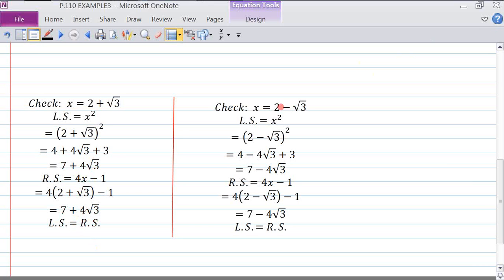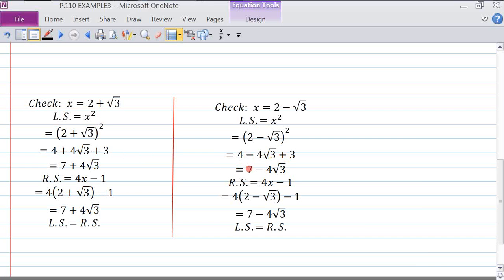The other solution, same thing. We try 2 minus root 3. We get x squared, 2 minus root 3 times itself. First times first is 4. Last times last, minus root 3 times minus root 3, is plus 3. The only difference here from the last one is that this is minus 4 root 3 while this is plus 4 root 3.